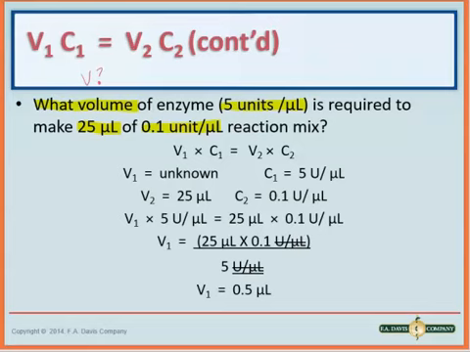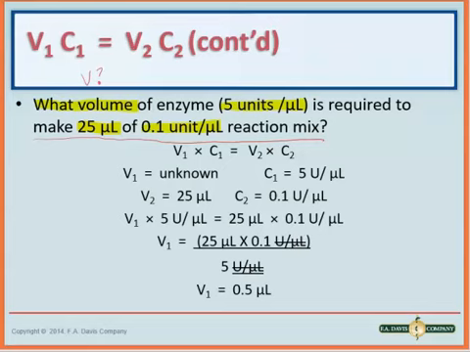So when we're looking back at our question, it looks like this second half of the question is what our volume and concentration is going to be changing to. So that's going to be our C2 and our V2.